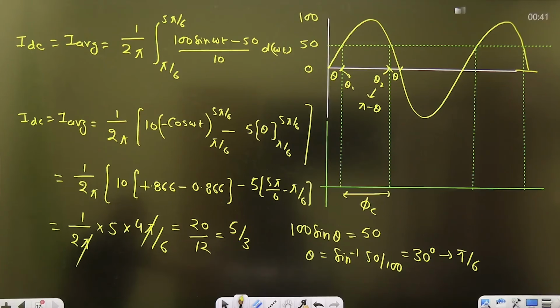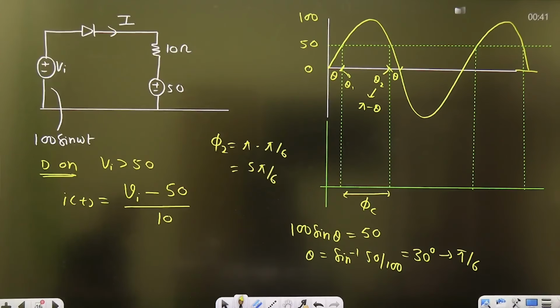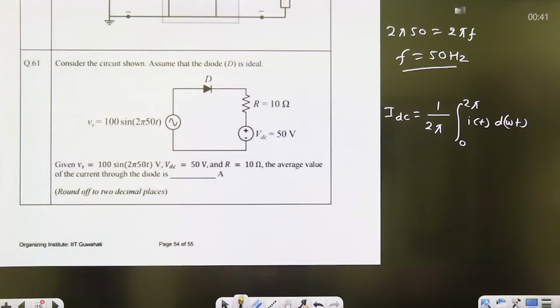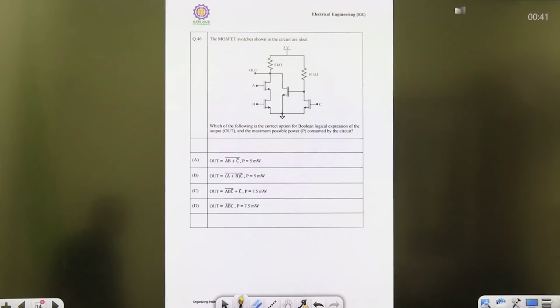Is anything missing? This is question number 61. VDC is given as 50 volt. Okay. Now, 1 minute.